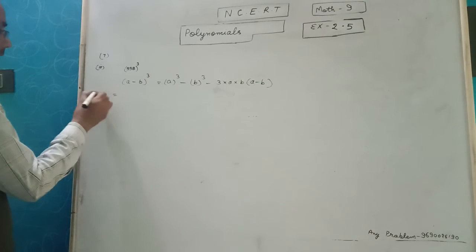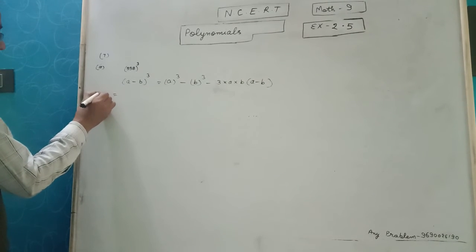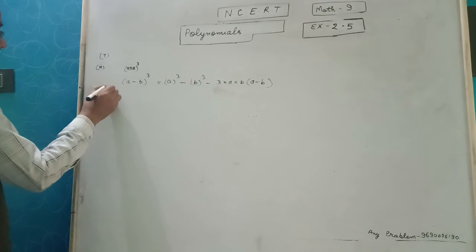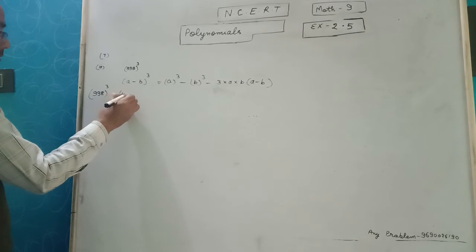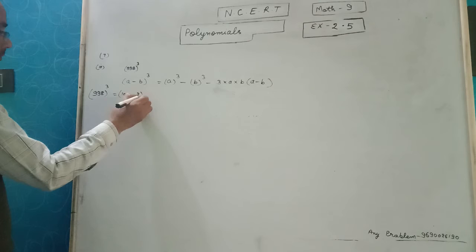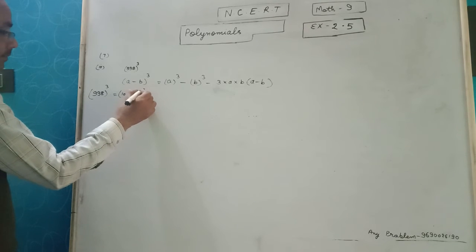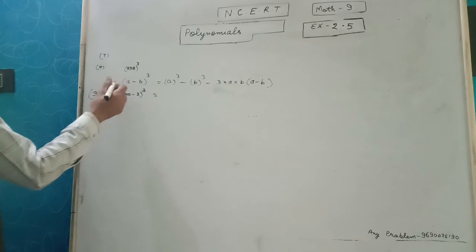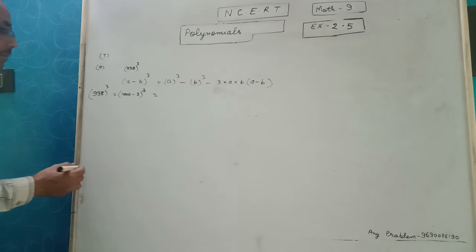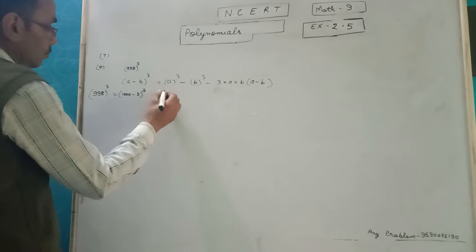We write 100 minus 2, is equal to, A will be 100 and B will be 2.